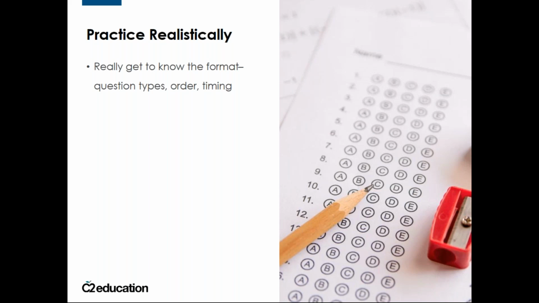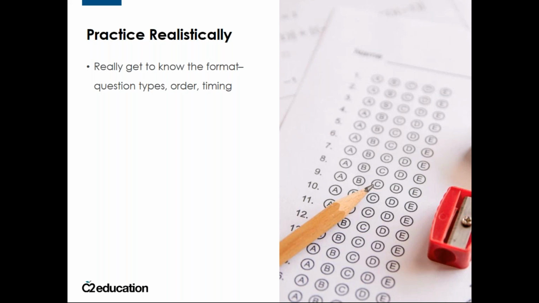Again, like calculus, right? Multiple choice, it's non-calculator first, then calculator. Free response is the other way around. Practice the same way. Hey, I'm going to do my non-calculator stuff first, and then I'm going to do some calculator at the end of the day, right? Make sure, again, twice as much non-calculator as calculator. You want to make sure that you're not doing twice as much calculator as non-calculator in calculus, right?